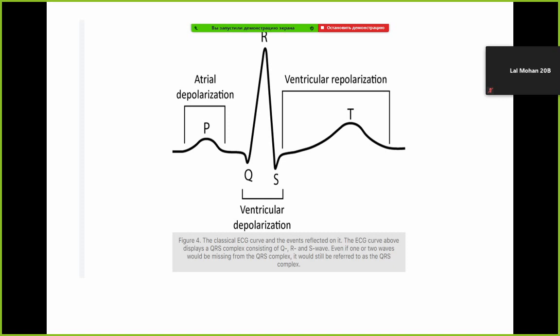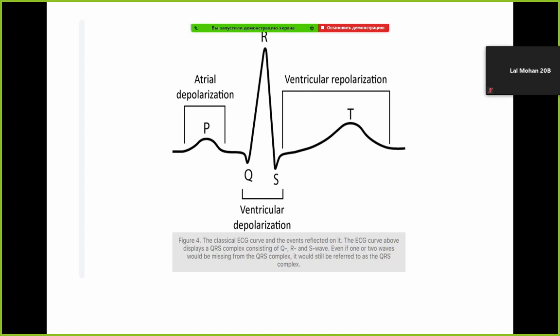The repolarization of the atria is usually not visible because it occurs simultaneously with the activation or depolarization of the ventricles, which generates subsequently larger electrical potentials and therefore dominates that moment in the cardiac cycle. Ventricular depolarization is visible as the QRS complex.